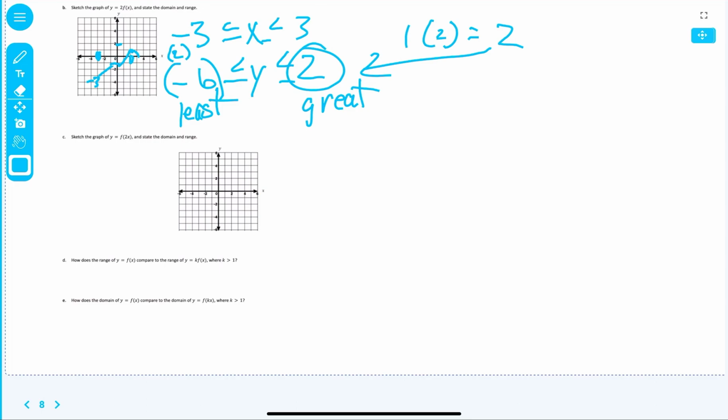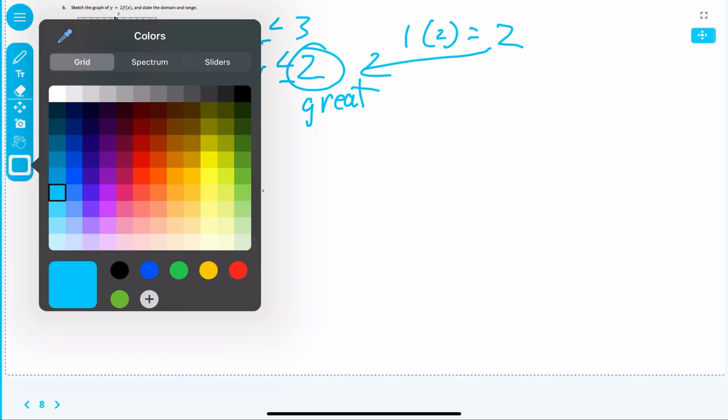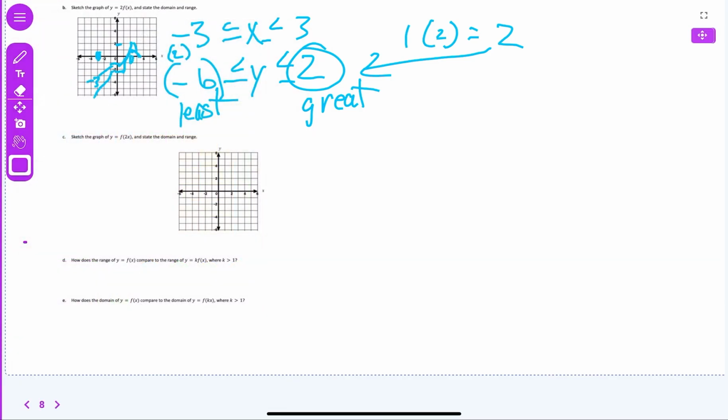So if we were to actually graph it, we would get -6. And we just have to multiply all of these by 2, so -1 gave us -2, so it would be down here at -2. So something like this, straight across. And then it's going to go up to 2 and then back down to 3. Sorry, I should have probably done that in a different color. Let me try it real quick. We'll go back to this purple.